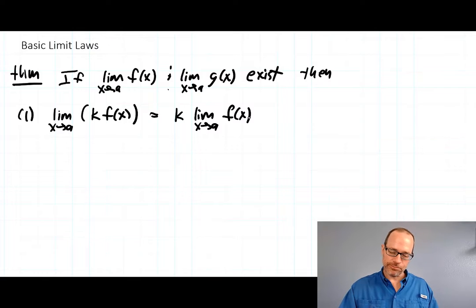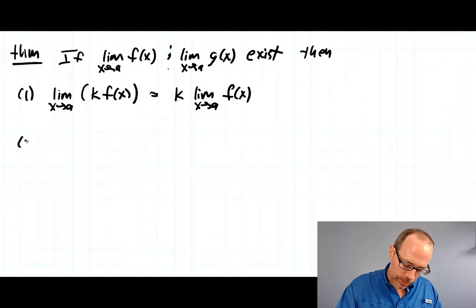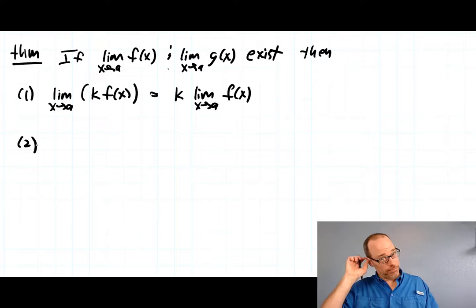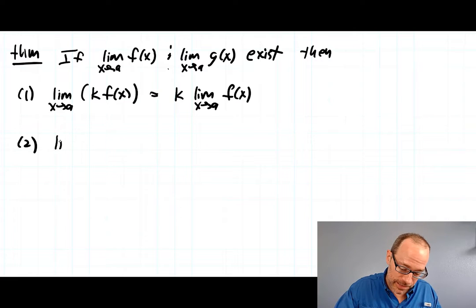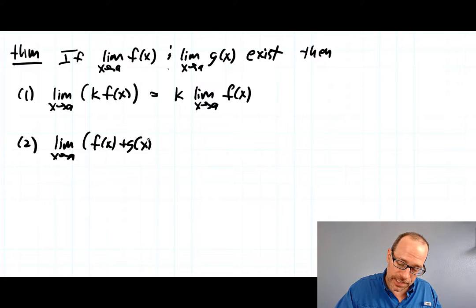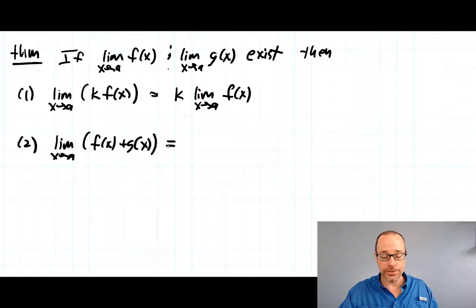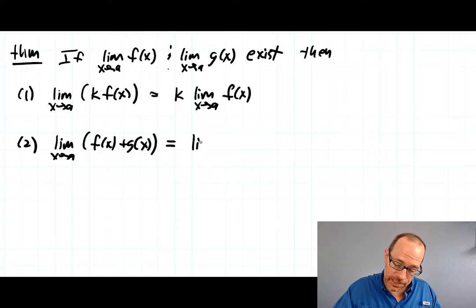All right? Limit law number two says the limit of a sum is the sum of the limits. So if you want to add up f of x and g of x and see what together that sum converges to, you might as well just see what f of x is getting close to and add that to what g of x is getting close to.